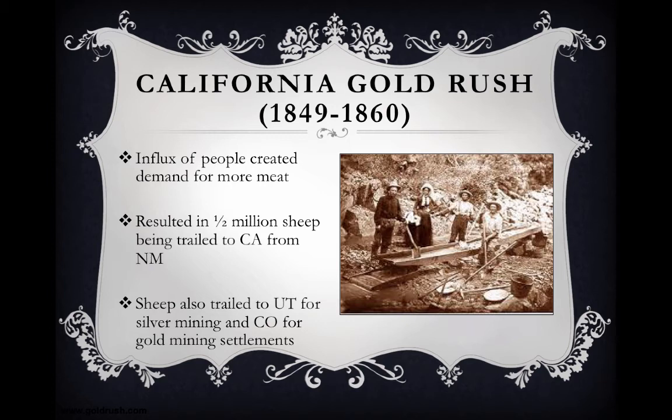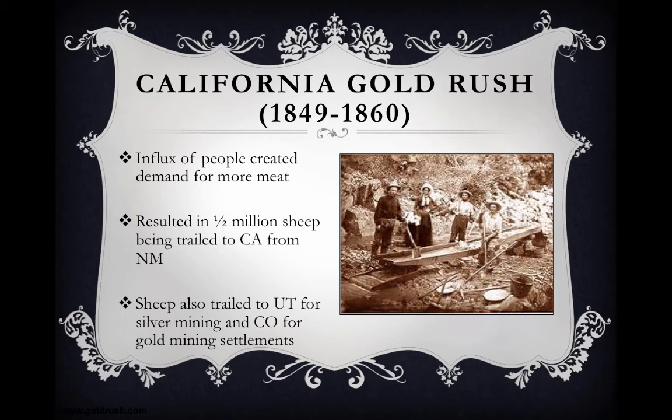So that actually resulted in about 500,000 sheep being trailed to California from New Mexico. New Mexico has always been a big sheep state and still is. And so a lot of the animals that we have in California actually got their roots from New Mexico, which had come up through Mexico as well.